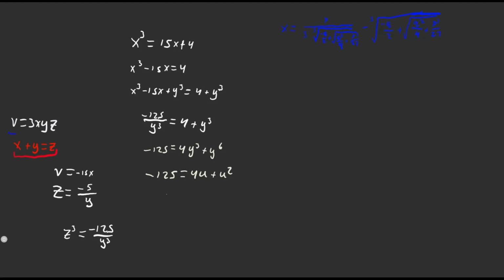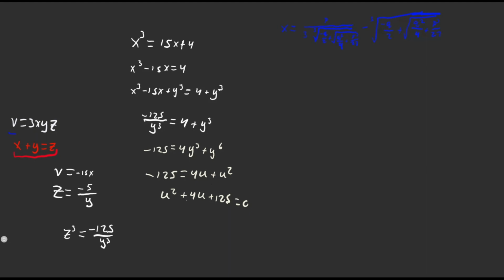But let's move this to the right side, where we will get u squared plus 4u plus 125. We can automatically see that there are no real solutions that make this equation equal to 0, because the final, or c, is higher than every other number, meaning that it is above the x-axis.